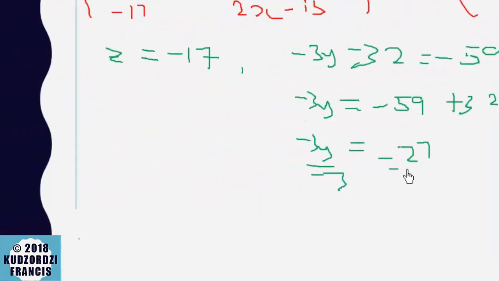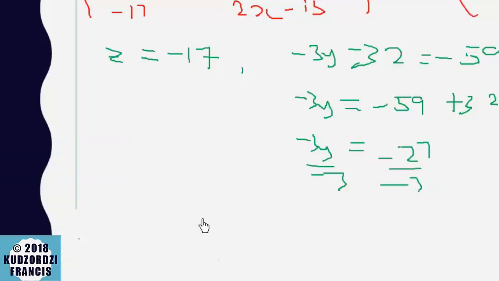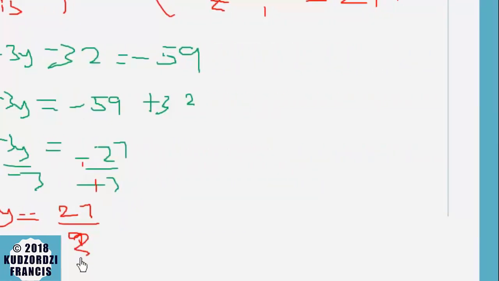Now we divide with our negative 3. So we simplify this to obtain y is equal to 27 over 3. So we'll get our y to be equal to 9.